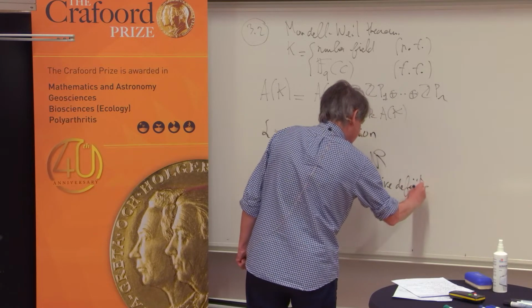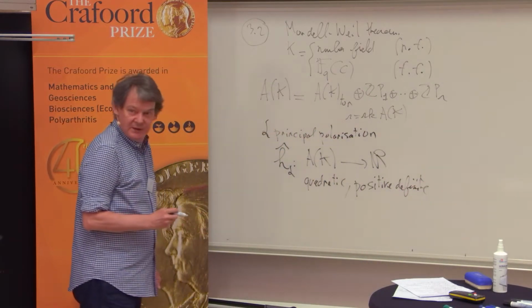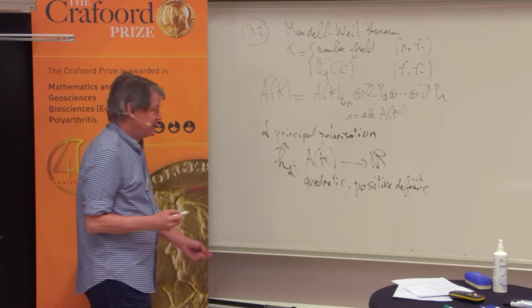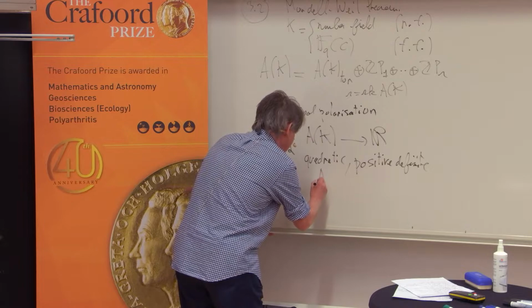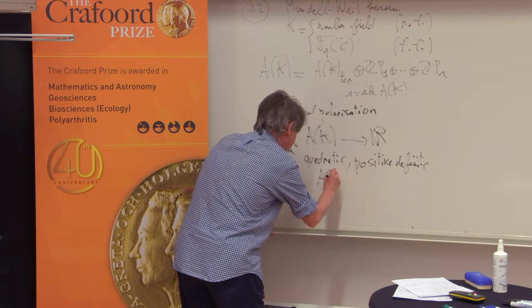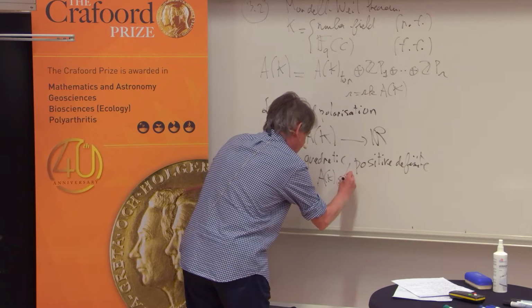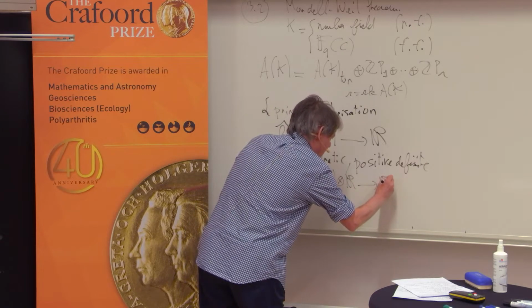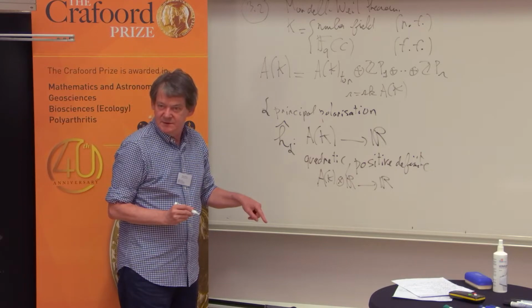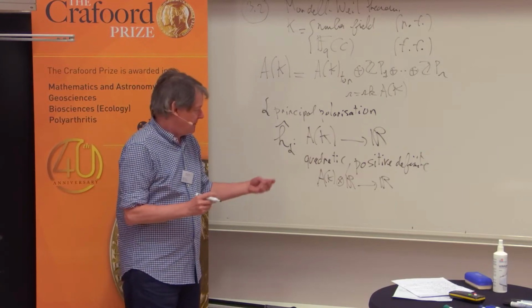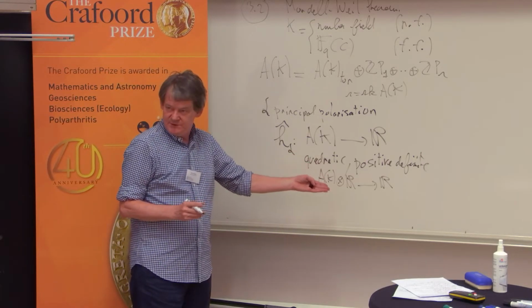Maybe I have to explain what I mean by positive definite. I mean that when you tensor with R, so AK tensor R, this is a finite-dimensional real vector space, the quadratic form is positive definite.